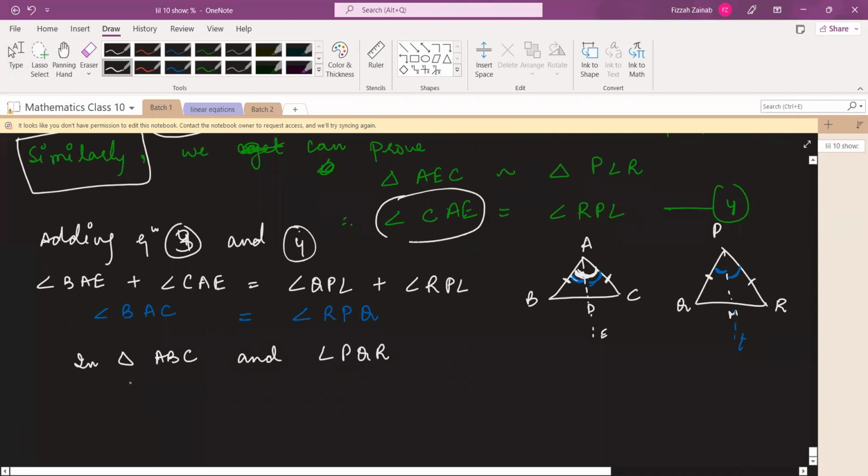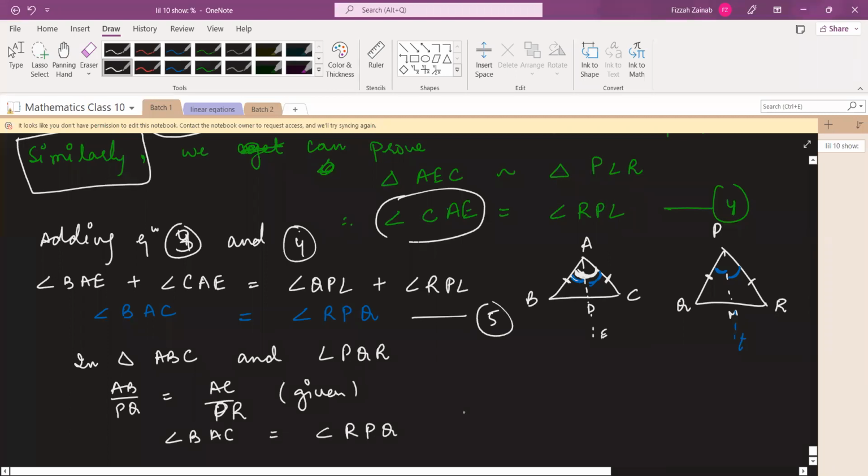It is already given that AB by PQ is equal to AC by PR. This is given, and you can call this result number 5. And now angle BAC is equal to angle RPQ from 5.